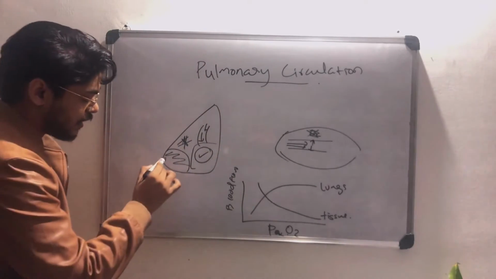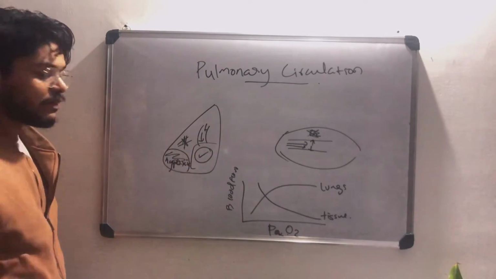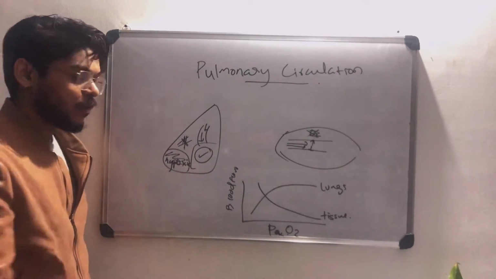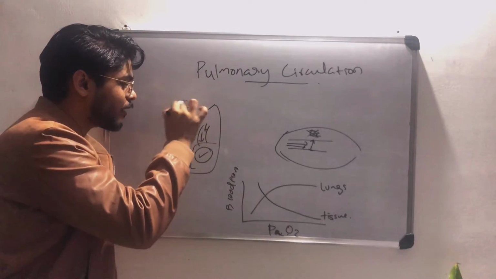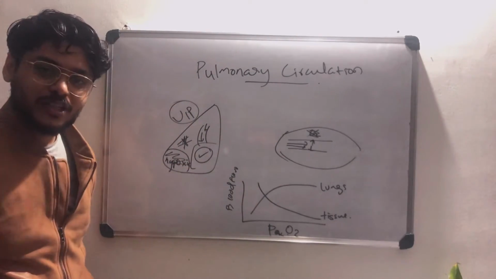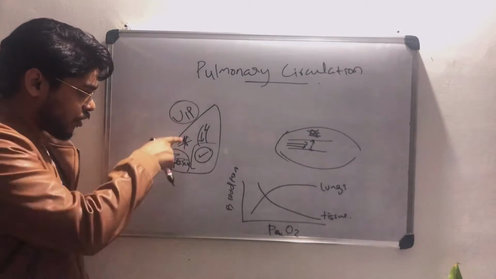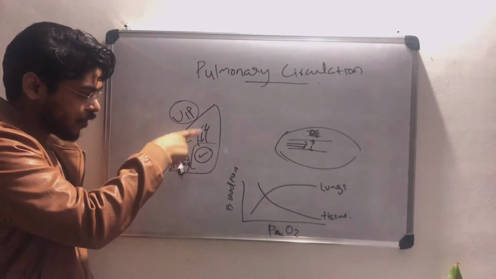But if the area is hypoxic, then that area will not be provided with blood supply because it's a very critical organ. It's a VIP organ. Lungs are not like any other tissues. They allow you only if you are not hypoxic. If you are hypoxic, you cannot get the blood supply.